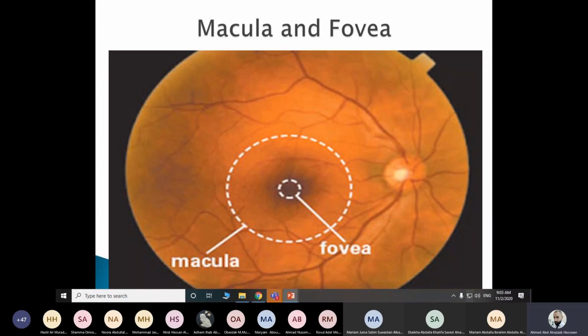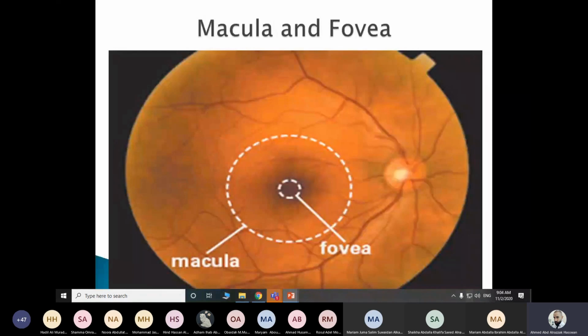And this is the site of maximum visual acuity. So how do we inspect it? Simply, we ask the patient to look at the light source, but we do that at the very end of the examination, okay? So once the patient is looking at the light source, then we know that now we're inspecting the macula and fovea, okay?